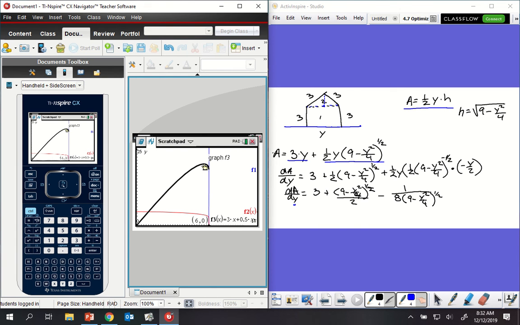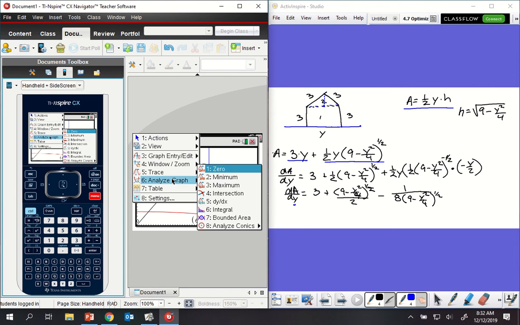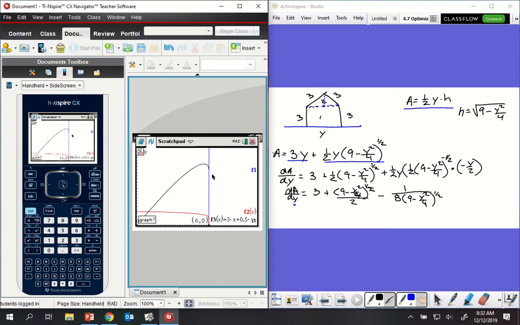Right there. So there's my graph. So my maximum value is supposed to be 19.8.